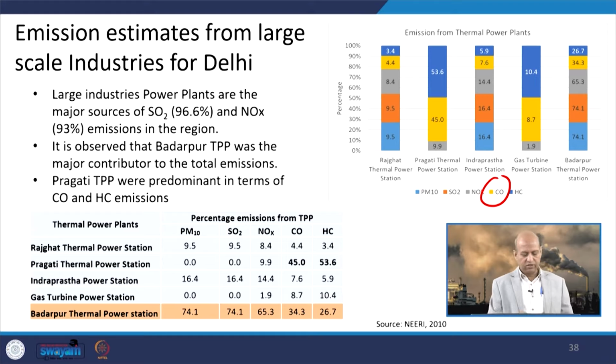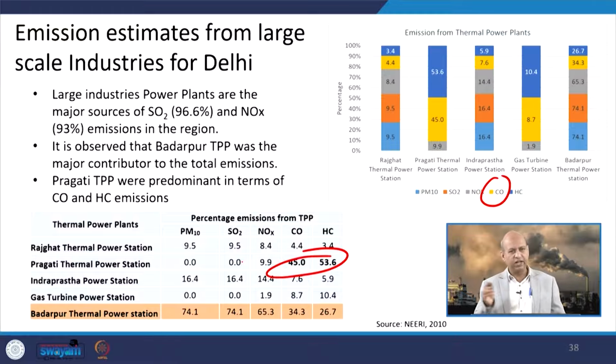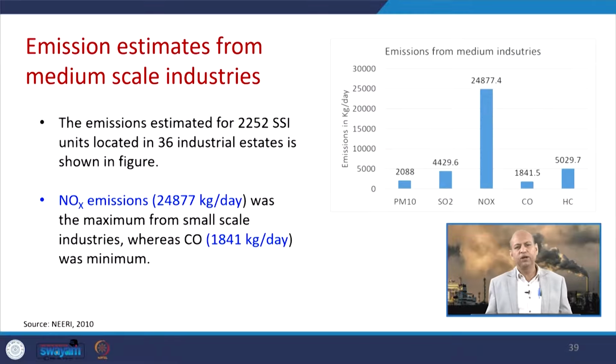We can see percentage emissions from these thermal power plants, and Badarpur thermal power plant is responsible for quite a high amount of PM10 and SO2, but Pragati thermal is responsible for the highest amount of CO and hydrocarbons. So, that way we can see which power plant is emitting which kind of pollutant in a large quantity.